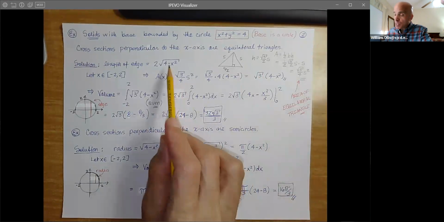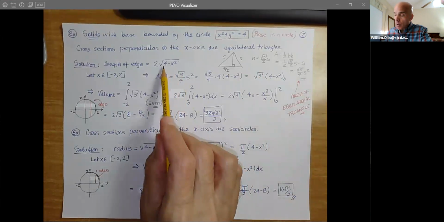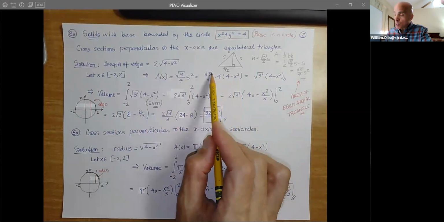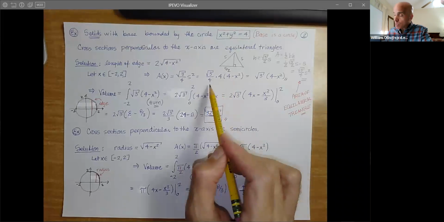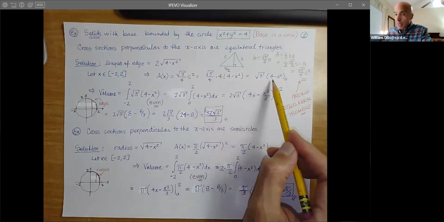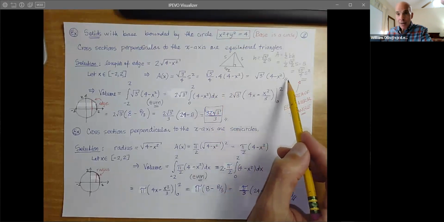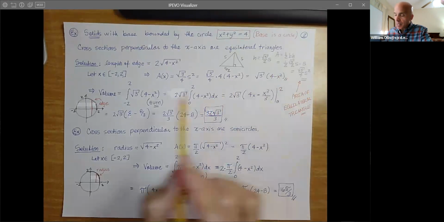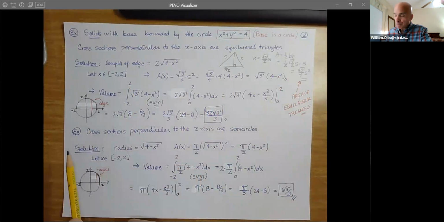So we simply substitute the square of the edge, which we have here, that will be 4 times the quantity 4 minus x squared, times the square root of 3 over 4. The 4 is absorbed, and so we get an area formula as square root of 3 times the quantity 4 minus x squared. So now we have a very simple formula that we can integrate from -2 to 2.